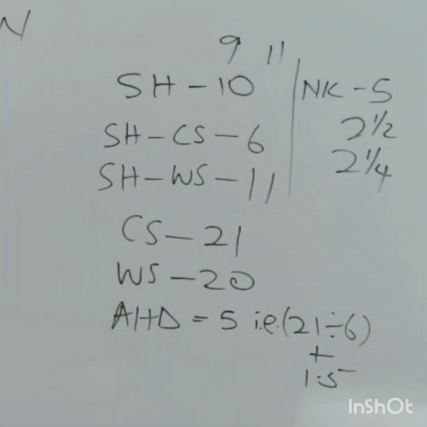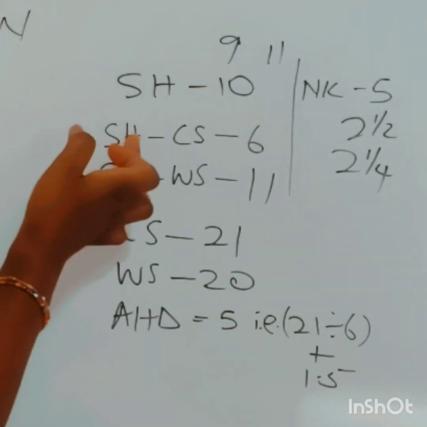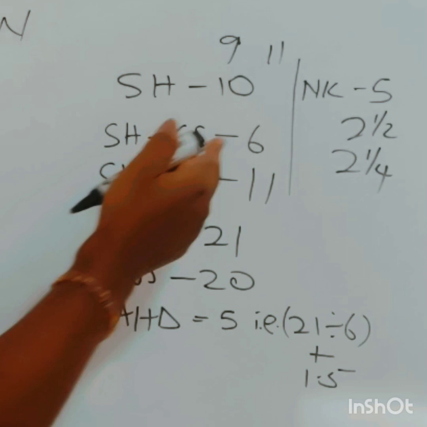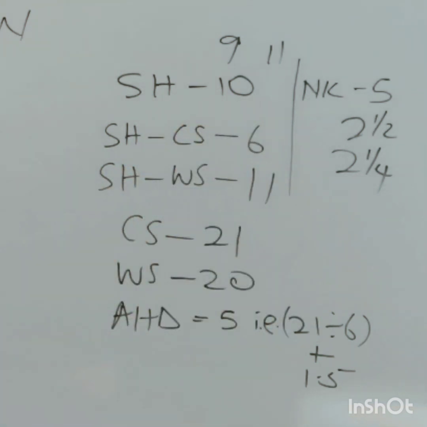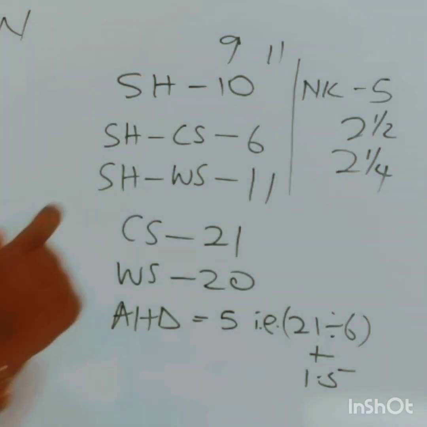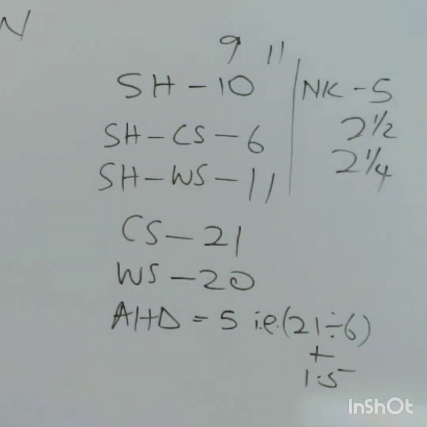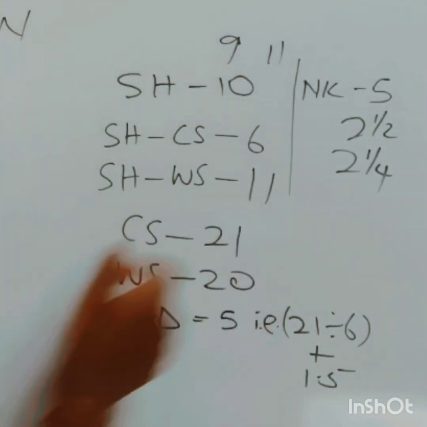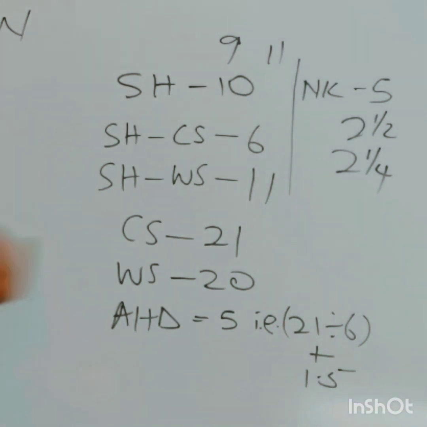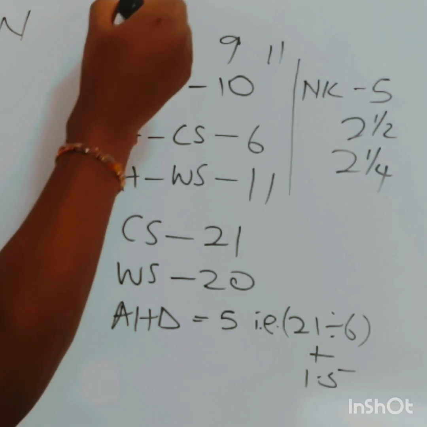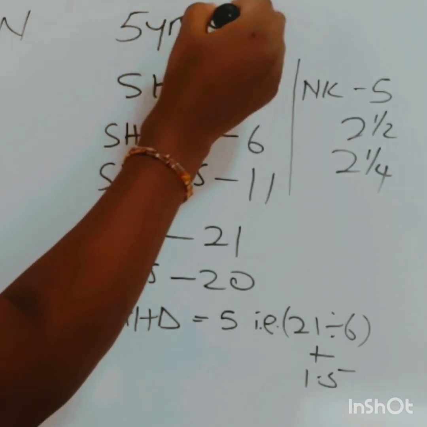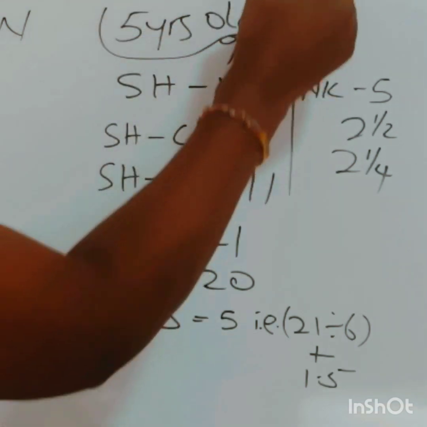Now the shoulder to chest is 6 inches. For a child of 3 years, you can use 5 inches for shoulder to chest. And the shoulder to waist that we are going to work with is 11 inches. These measurements work for a 5 year old.